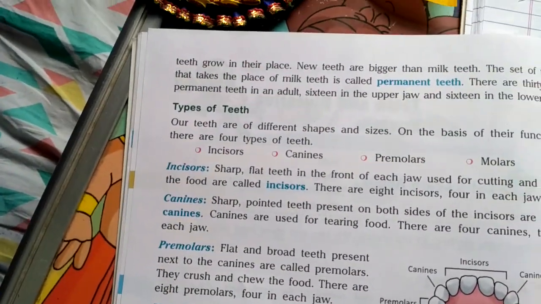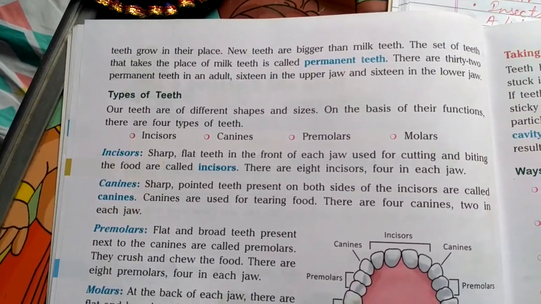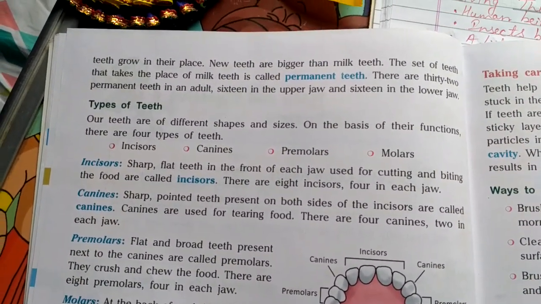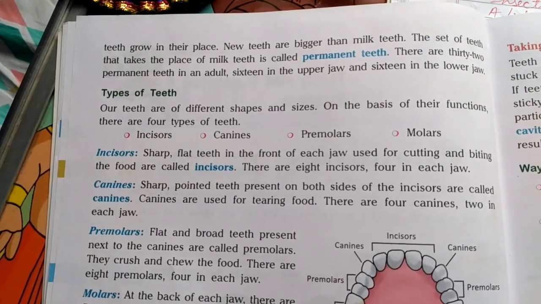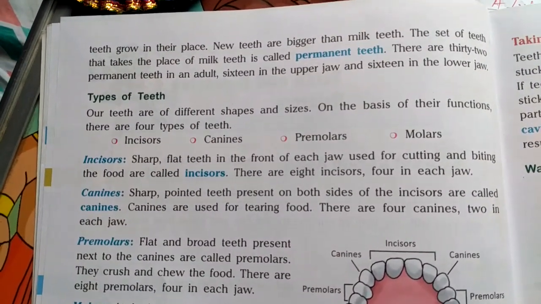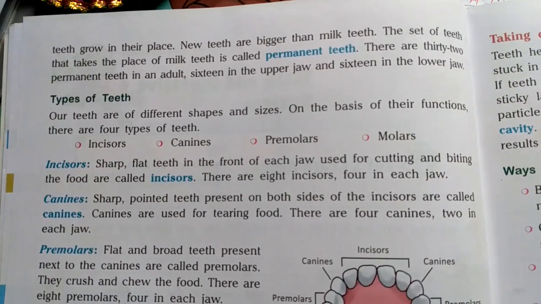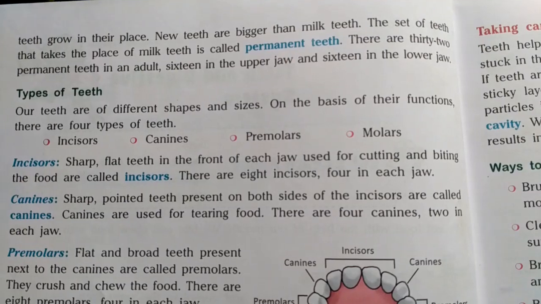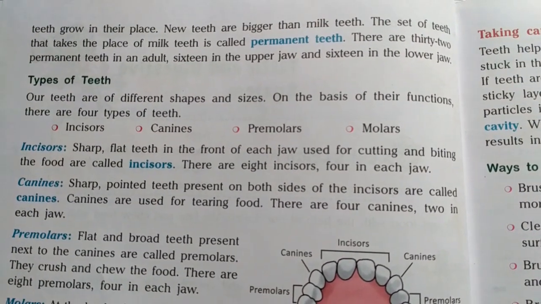The same thing is written over here also. New teeth means the permanent teeth. They are bigger than the milk teeth, and the set of teeth that takes the place of milk teeth is only called the permanent teeth. It can also be said like this: the set of teeth which grows in the place of milk teeth are called permanent teeth. There are 32 permanent teeth in an adult, 16 in the upper jaw and 16 in the lower jaw.